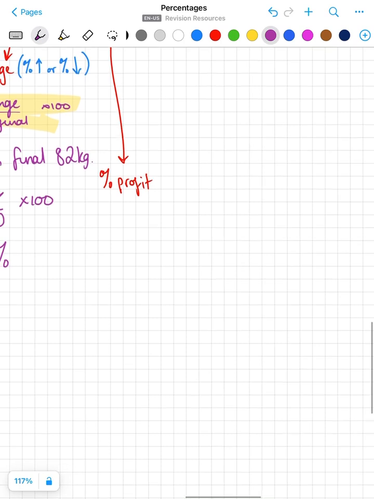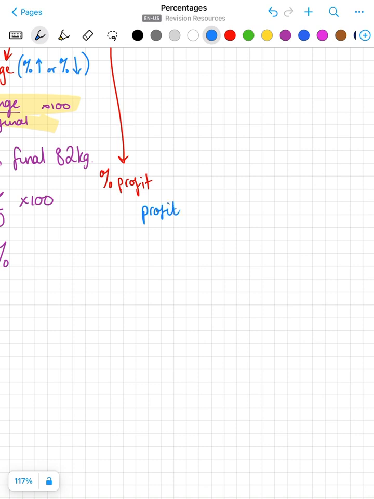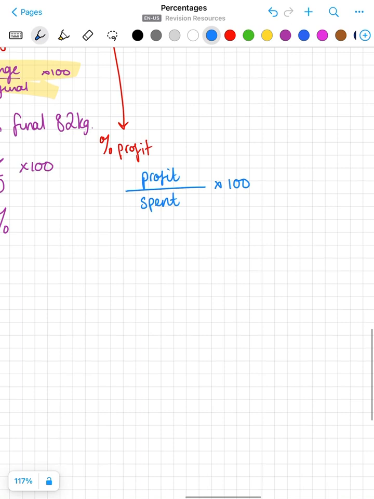Similar to a percentage change is percentage profit. Profit is how much money you make once you deduct how much you had to spend in the first place. So you find the profit and you divide that by how much you originally had to spend, multiply it by 100.